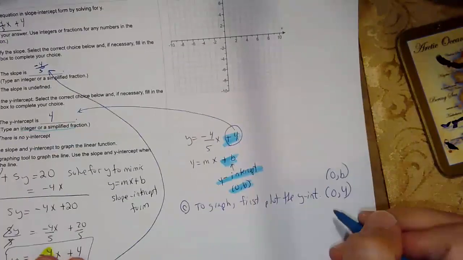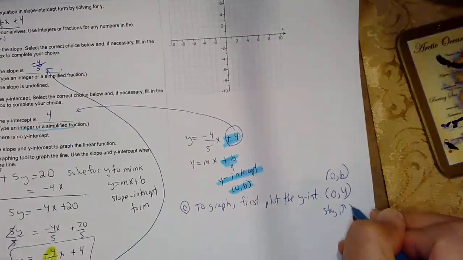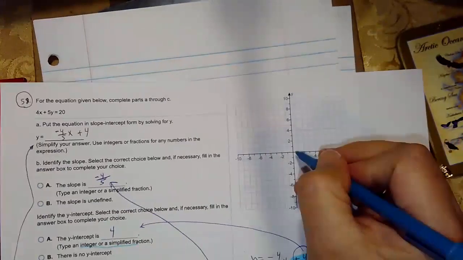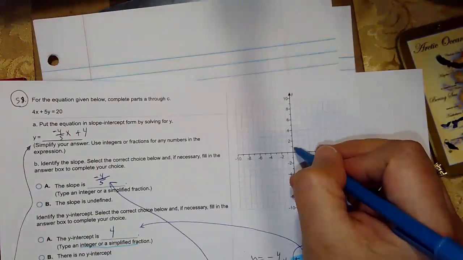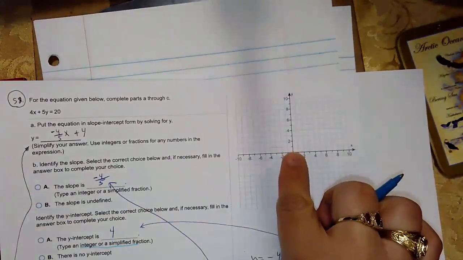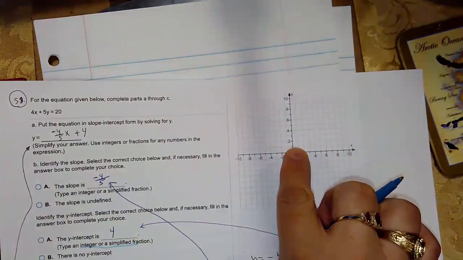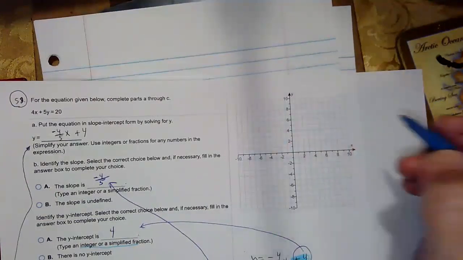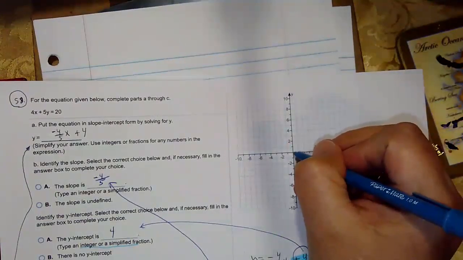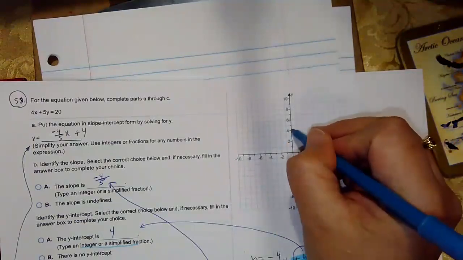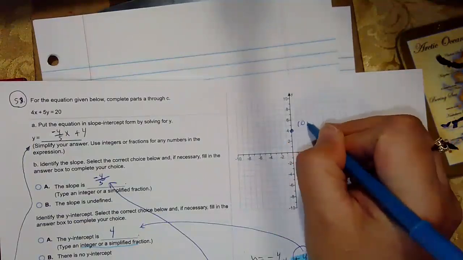So you stay and then you go up. Oh, and look how this is increments of 2. Be careful here because this is 1, 2. So go up 1, 2. Okay, that's good. So 0, 4.